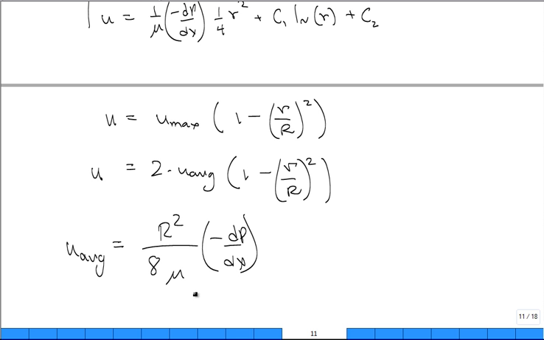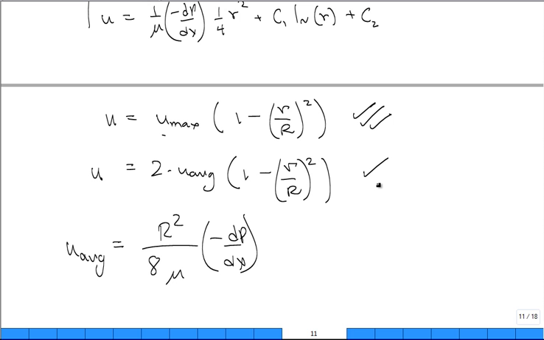I've solved for those constants of integration. One of the constants of integration, C1, is 0. The other constant works so I get the shape here, and I can express it as u max or 2 times u average. That is the same as u max. So this is my profile.